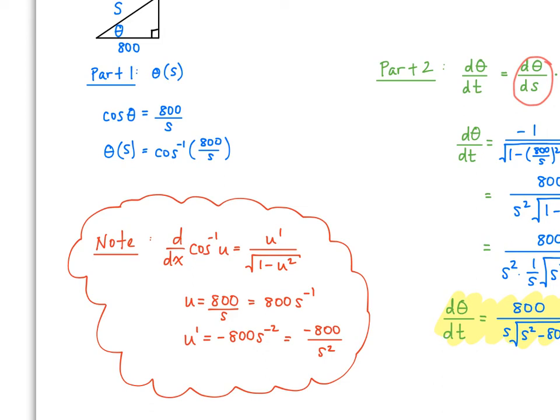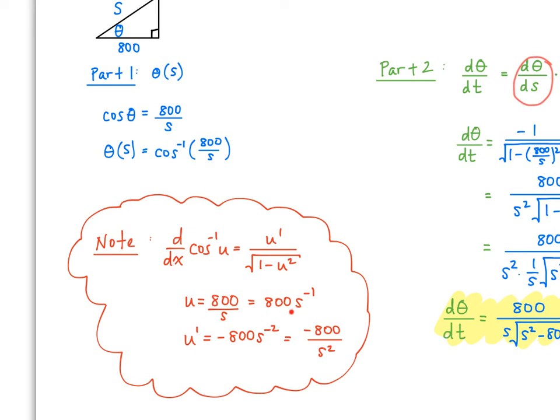This is just a reminder, using that u function here, that when we're taking the derivative of arc cosine of u, we take the derivative of what's inside over the square root of 1 minus u squared. So in this case, u is 800 over s. Okay, that's this guy right here.